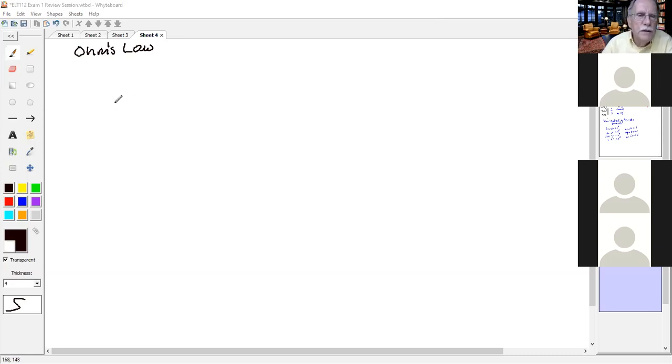So for example, if I had a circuit like this, and let's say for argument's sake, I had a milliammeter in here, and that's going to this resistor. And then I had another resistor over here.